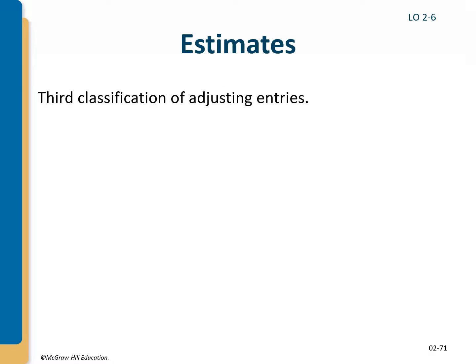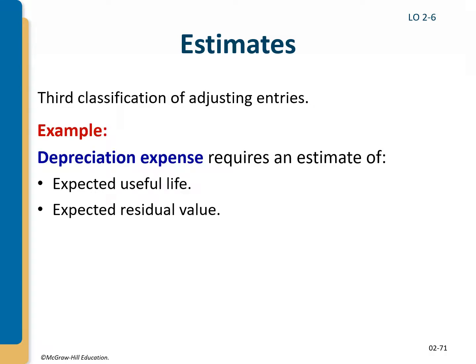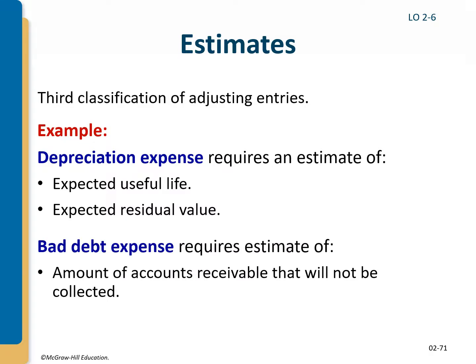Estimating. Now, the third classification of adjusting entries is just that. Depreciation is an estimate because we use expected useful life, which is an estimate by the company, and expected residual value. Bad debt expense is another example of an adjusting entry that's considered an estimate.